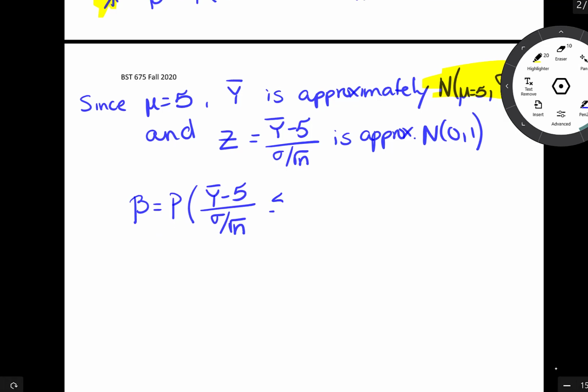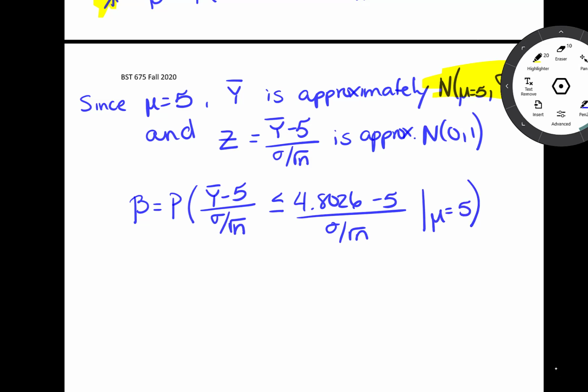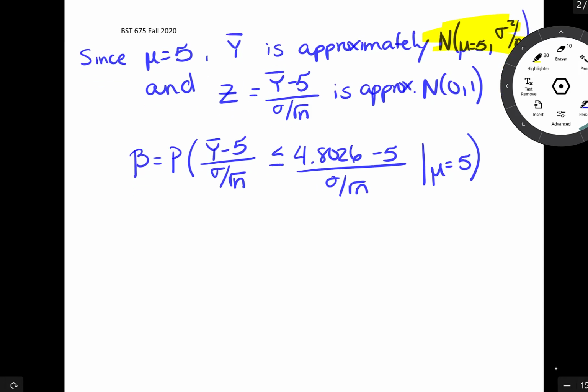So here, again, we have the probability this is less than 4.8026 minus 5 divided by sigma over the square root of n. Again, this is all conditional on mu being equal to 5. Now, since we have already incorporated that mu equal to 5 into the standardization, I'm actually just going to drop it from the probability.